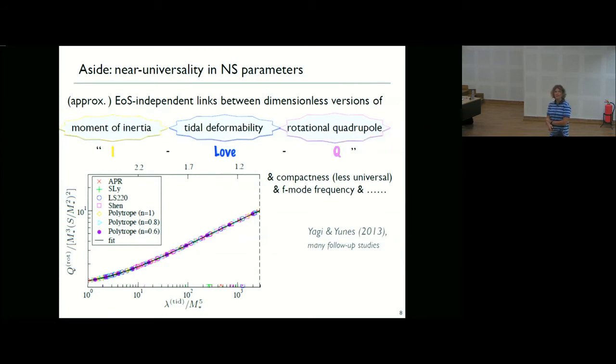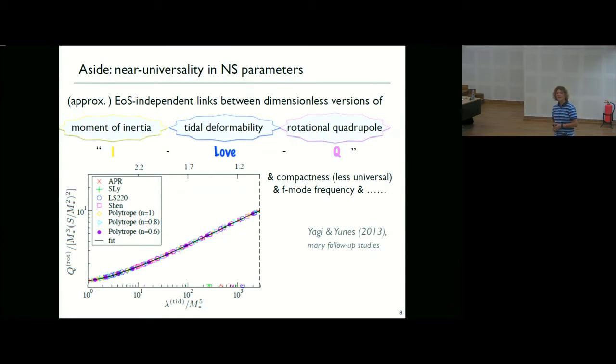And since then, some other universal relations were found. I mean, this triggered a lot of effort in the community. And in fact, one of your colleagues is also working on this, he told me. So there are also universal relations to the compactness, which is a bit less universal, and to the f-mode frequency, and so on.